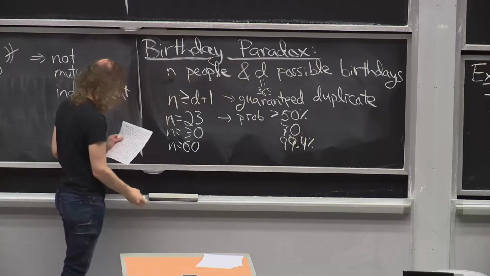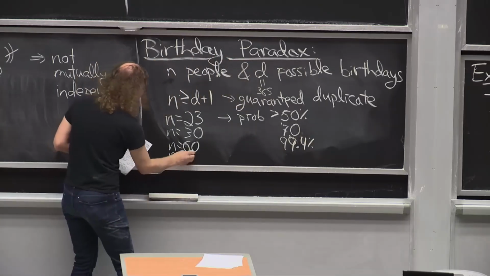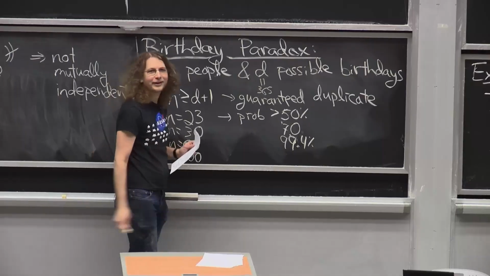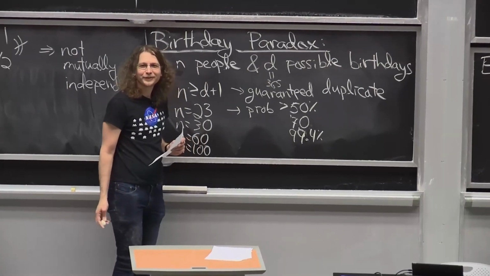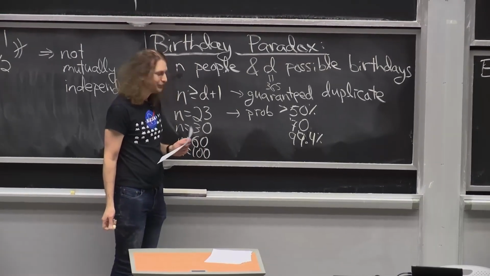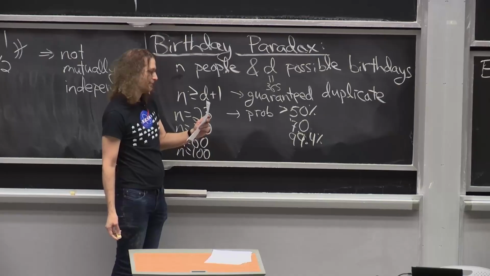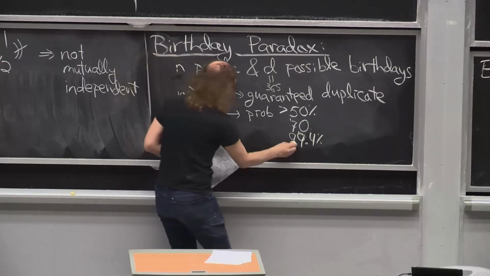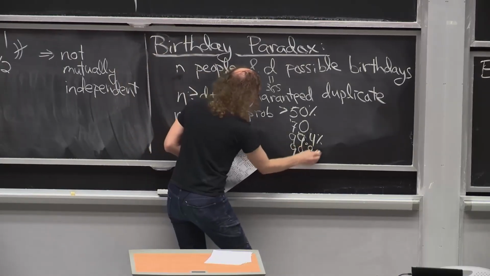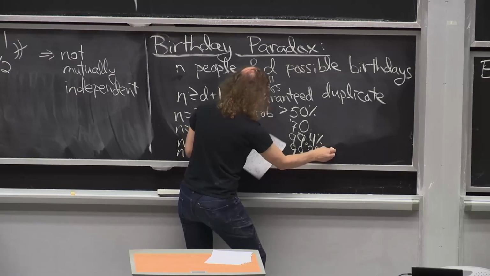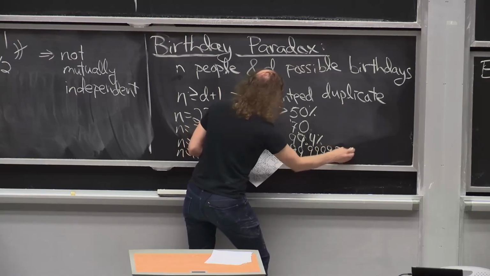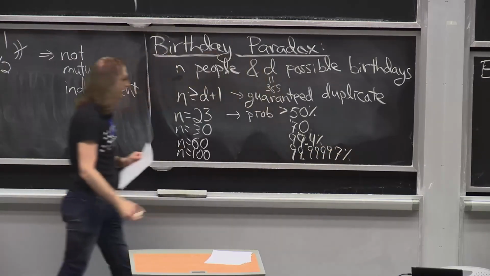OK, very high. N equals 100. Any guesses how many nines? 5? 6? 6 nines. The holy grail of nines. 99.99997%. It's a lot of nines.